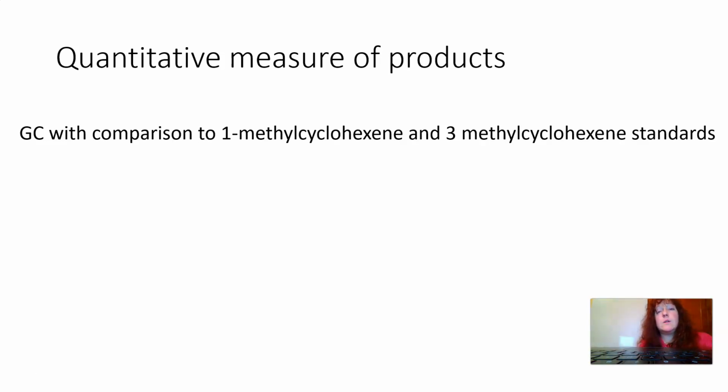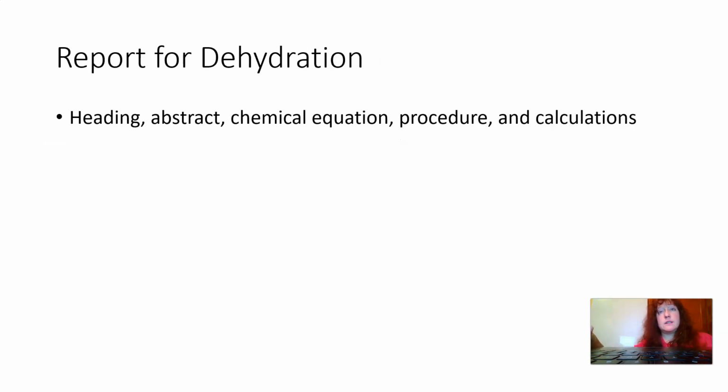So you'll need to go online and find those standards and look at your sample. So you'll see how many peaks are present. It is going to quantitate the percent of each of the products that are present, and you're going to identify which is which by comparison against those standards.